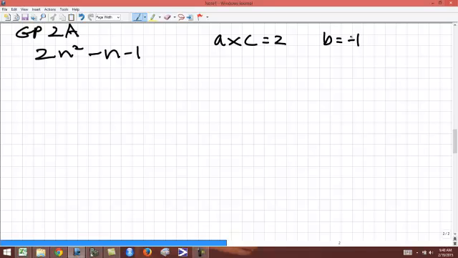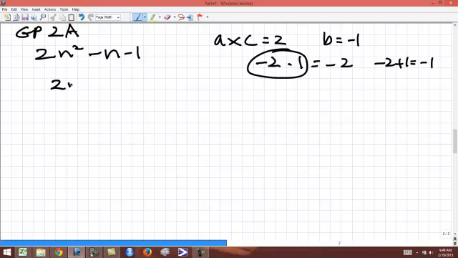So we're going to use a plus and a minus. So we want to end up with the coefficient of the middle term being negative. So I'm going to do negative 2 times positive 1 is negative 2. Okay, and negative 2 plus 1 equals negative 1. So obviously this is what we want to use.